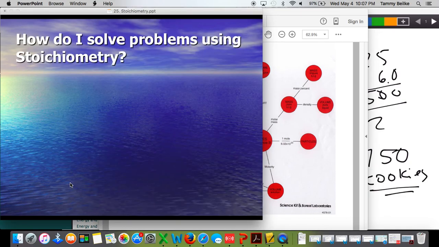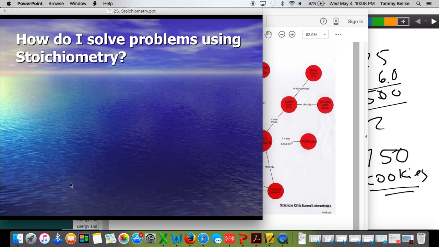Okay, so I want to show you how to do stoichiometry problems very systematically. There are nice, easy steps to follow, and it's pretty much the same as any factor label method problem. You figure out your starting units, figure out your ending units, line up conversion factors, and cancel units appropriately.